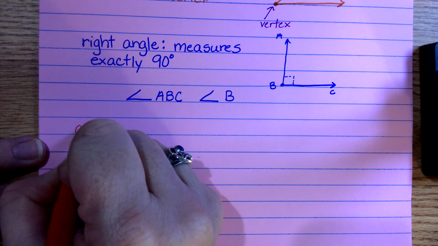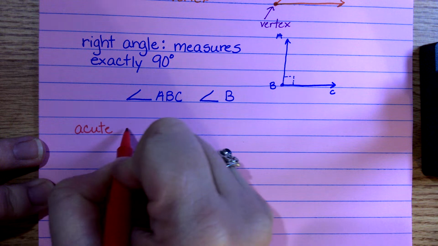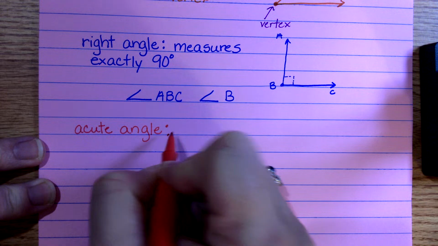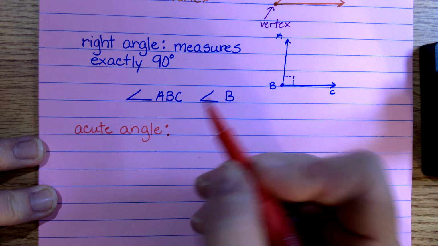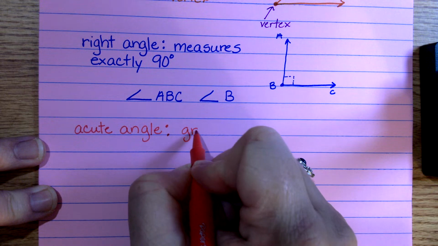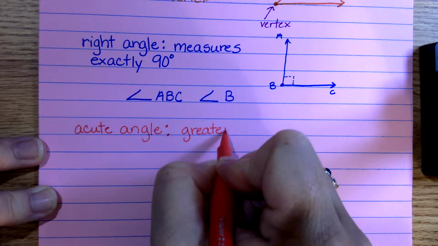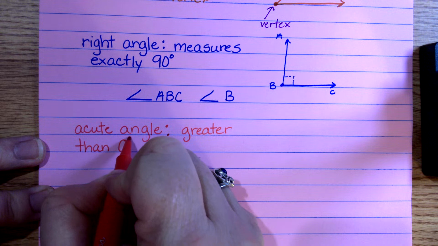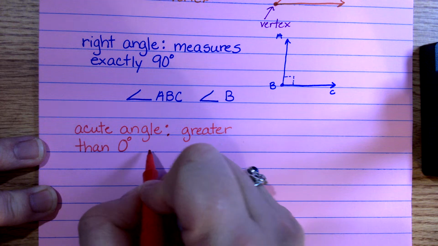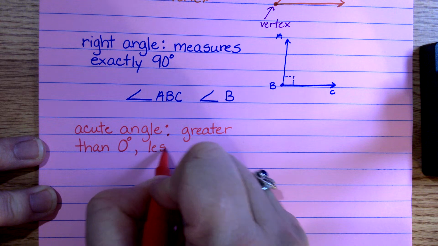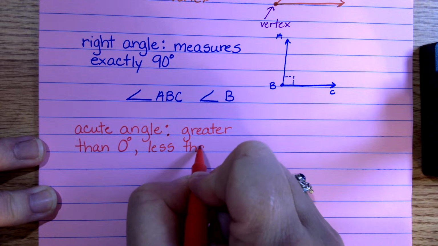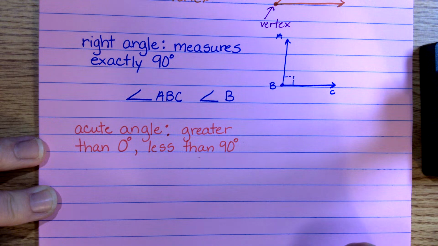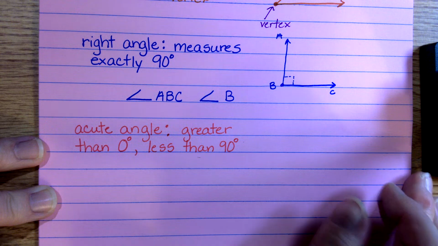An acute angle is an angle that is greater than 0 degrees and less than 90 degrees. I know you guys make fun of me because I always say it's a cute little angle.